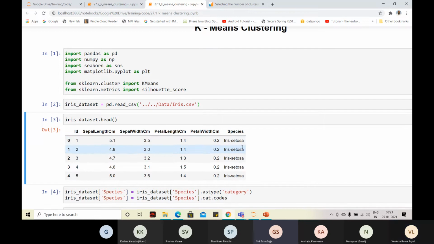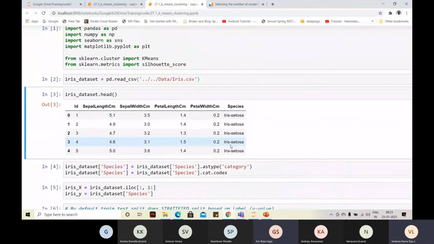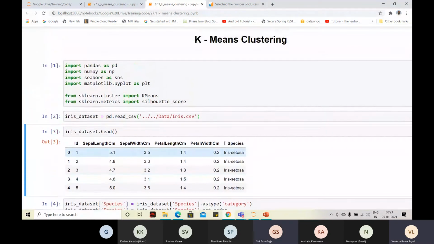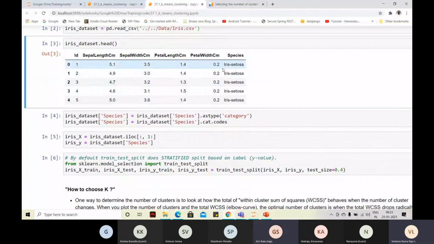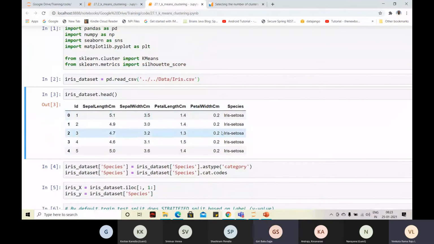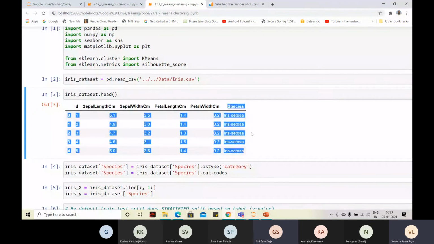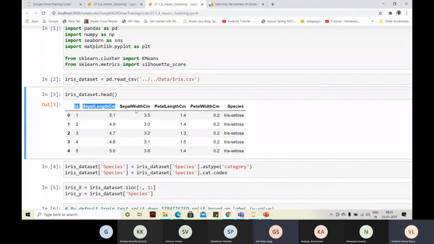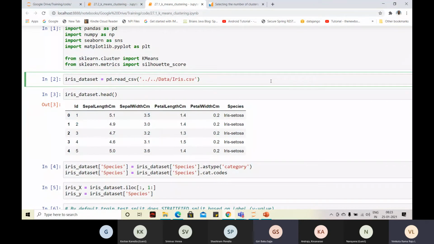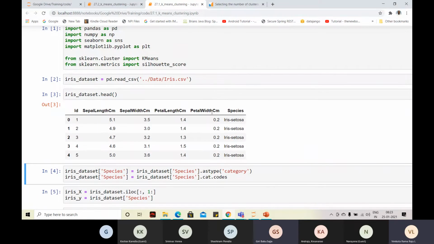In our SVM class, I showed you how many different classes are there in this particular data set. You are not practicing at all. Let me show you.